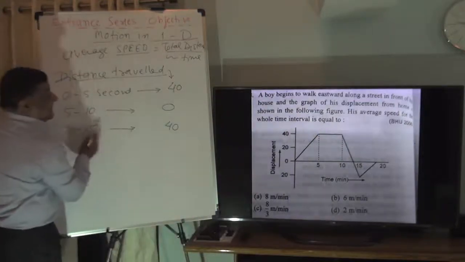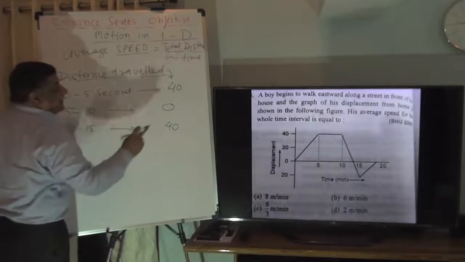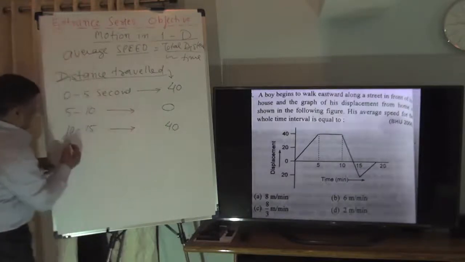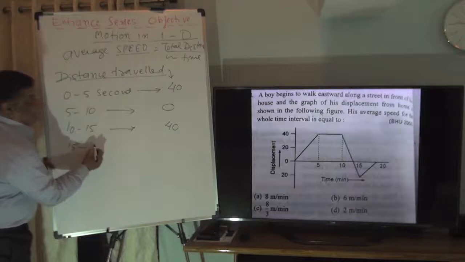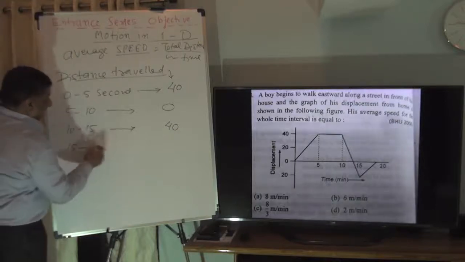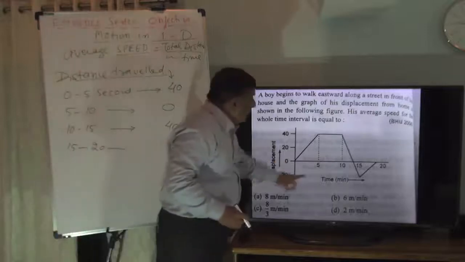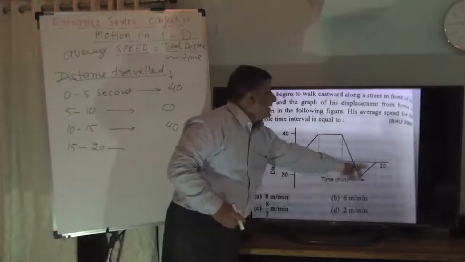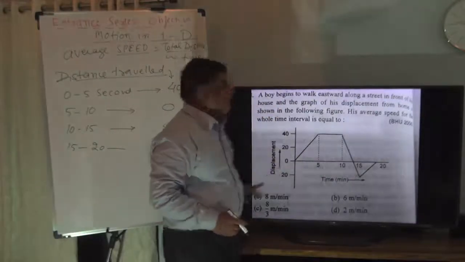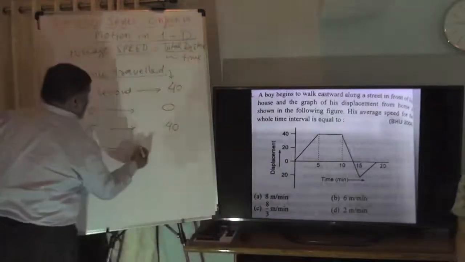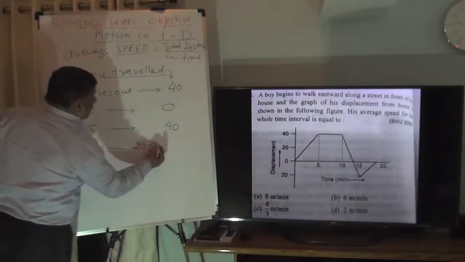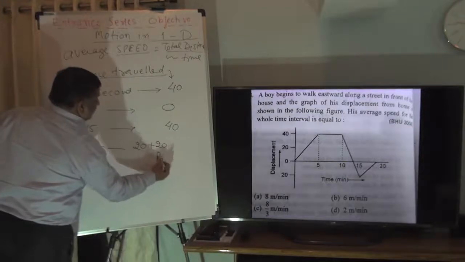So 10 to 15, he has travelled 40, and 15 to 20, here he has gone to the 20 level and then come back to the 0 level. 20 plus 20 return.